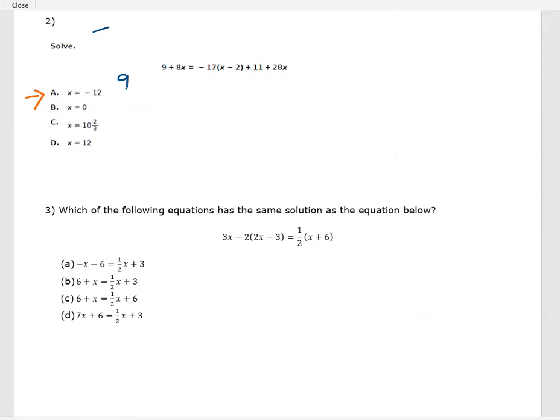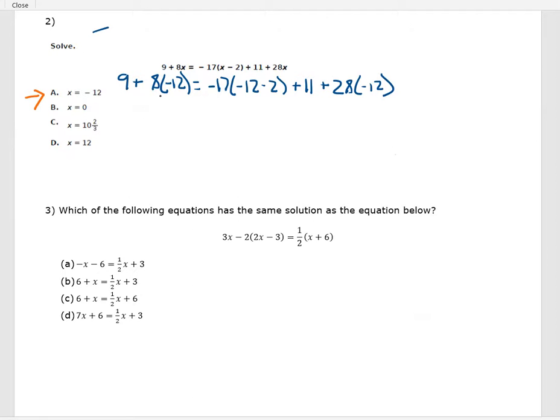So I have 9 plus 8 times negative 12 equals negative 17 times negative 12 minus 2 plus 11 plus 28 times negative 12.